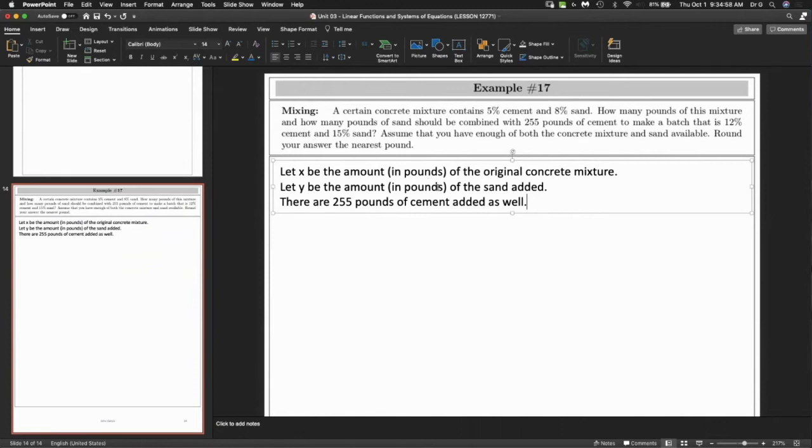So that means you have to add some sand and some cement to get to that new percentage level. I guess the main thing is if you understand the nature of concrete.